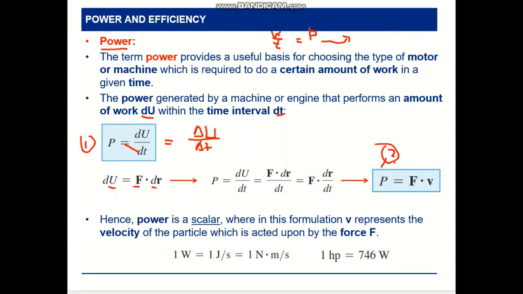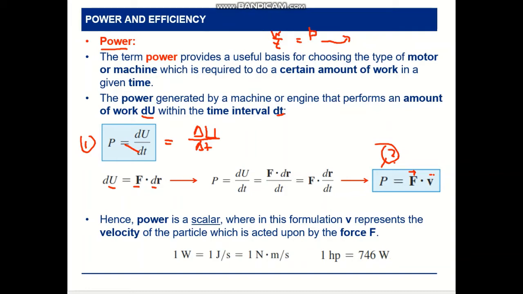F dot V is the dot product, so i multiplied by i, x direction by x direction, gives us the unit value of 1, and then we add j and k. If we multiply i with j, x direction by y direction, it gives us 0. So it is basically the projection of the force multiplied with the velocity.